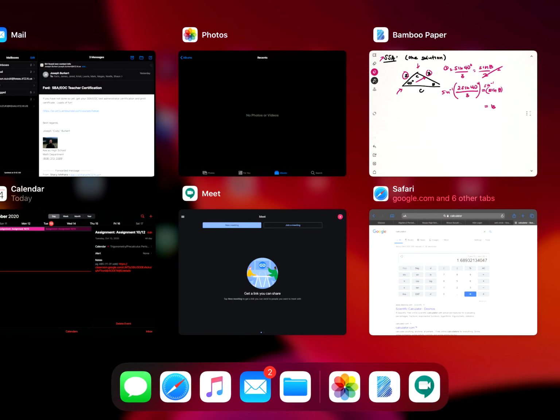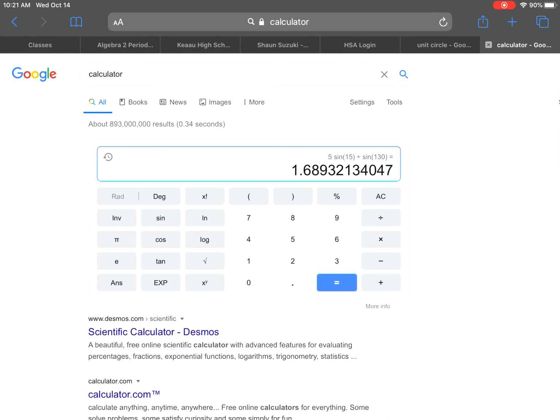So back at our calculators, remember we have to shift. We're in degrees, so that's good. Where's my shift button? Oh, inverse. There we go.